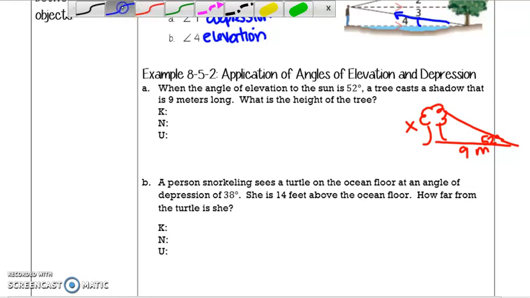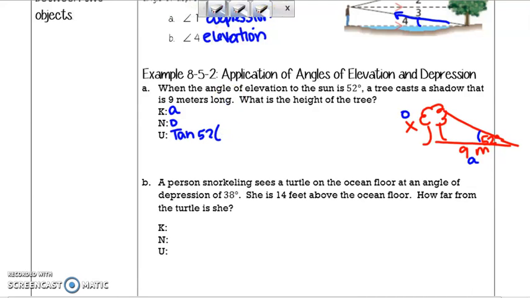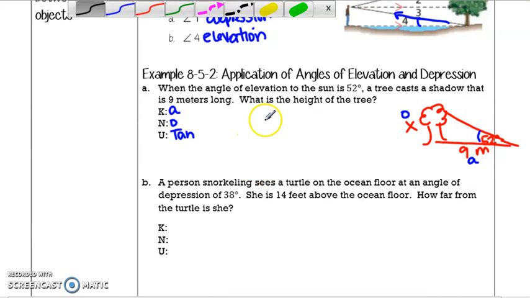So we know the angle, we know the adjacent, we want the opposite, so we're going to use OA, tangent.